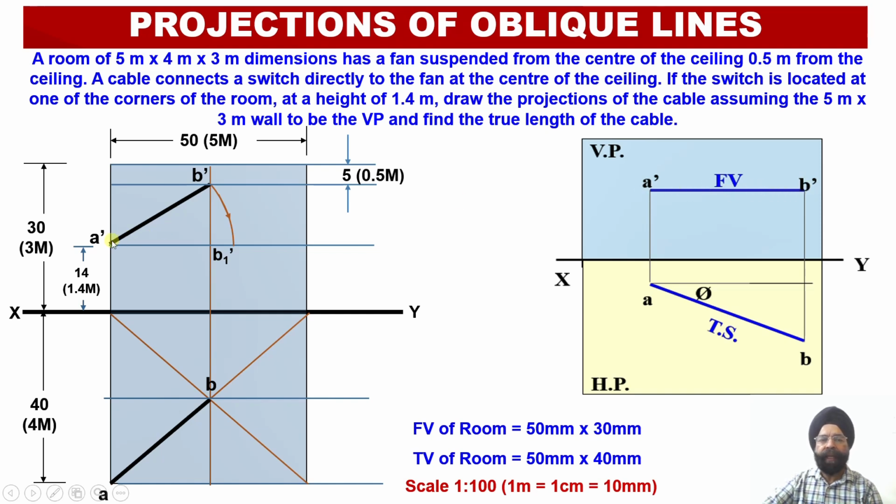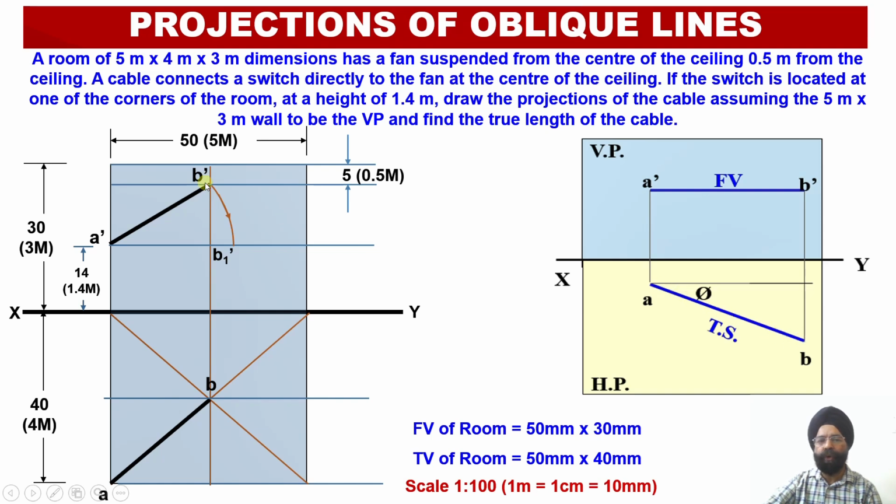So the moment I have been able to transfer this apparent length projection in the elevation parallel to the horizontal plane, now from this point B1 dash, if I draw a vertical projector up to the locus line corresponding to the point B over here, I will be able to obtain the true length of this line in the top view.